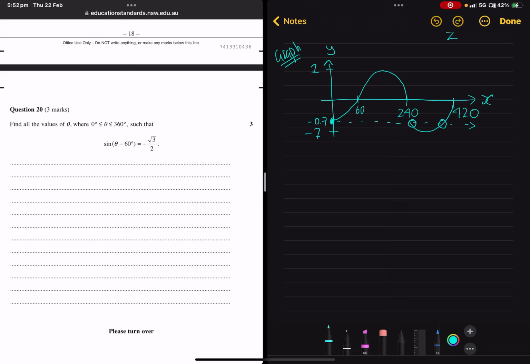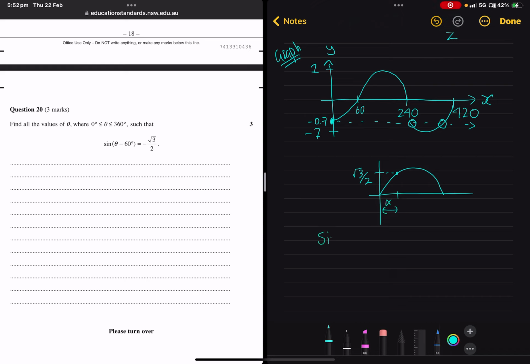So this is the same as solving for plus root 3 on 2. In a sense, we're using the same scale as if we were solving for plus root 3 on 2. So we're going to draw our normal sine function unshifted like this, and we're going to have a plus root 3 on 2 up here, and then we're going to find this angle, which I will call alpha.